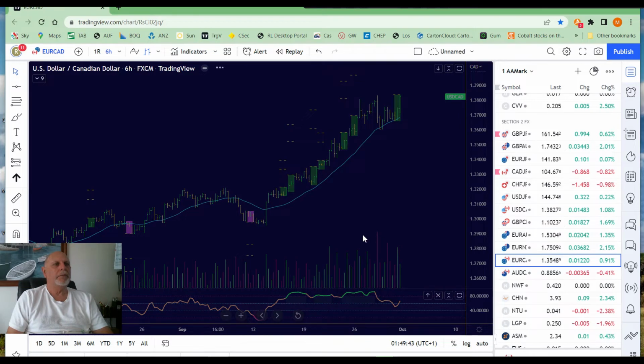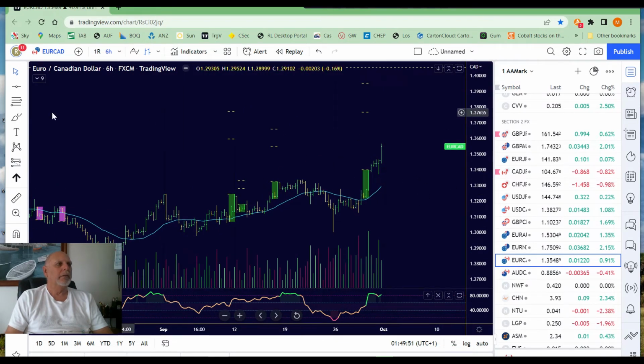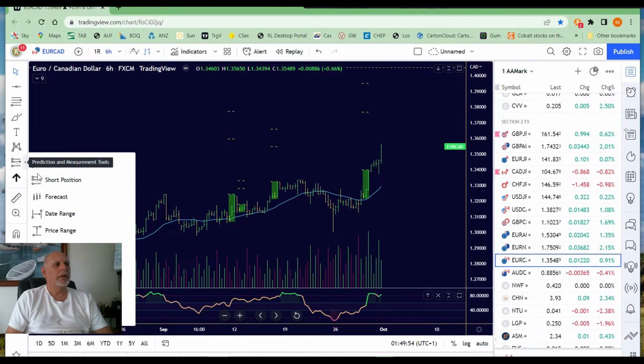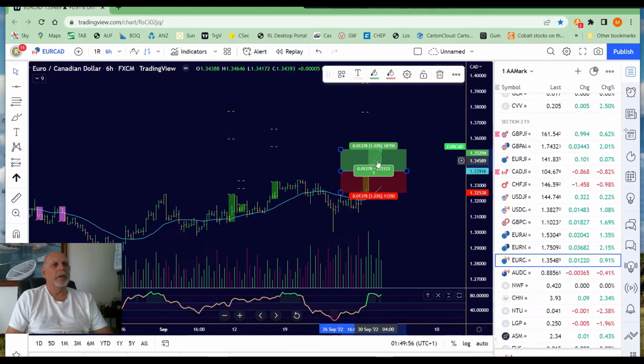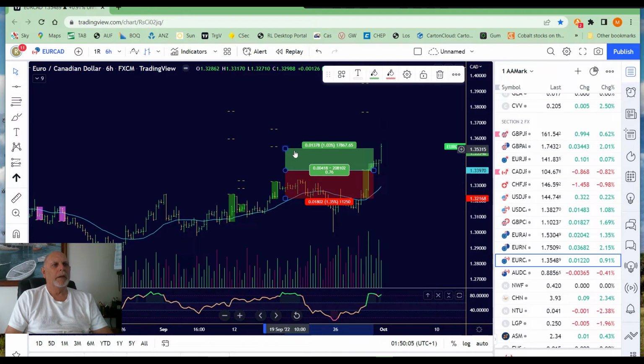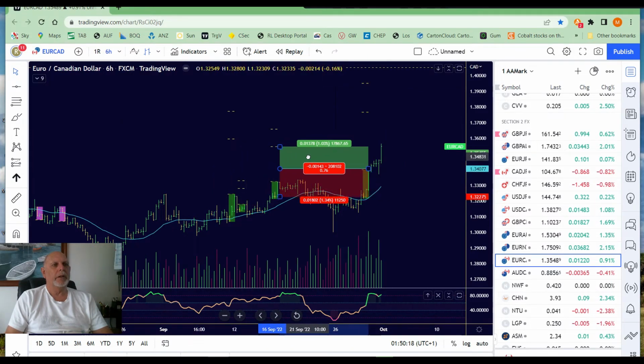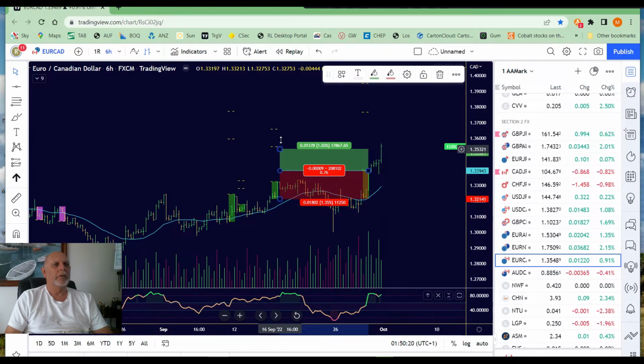Euro Canadian, again the Canadian's moving, so there we've got our breakout PT3, and if we have a look at that on a long position here, down to the bottom there, up, and at present we've got only a 50%, not 100%, so that takes us to a 3.